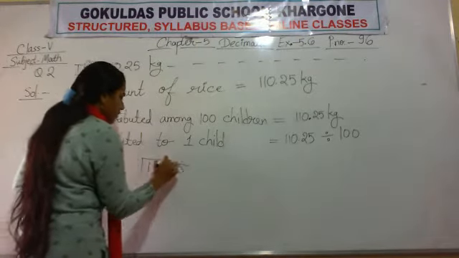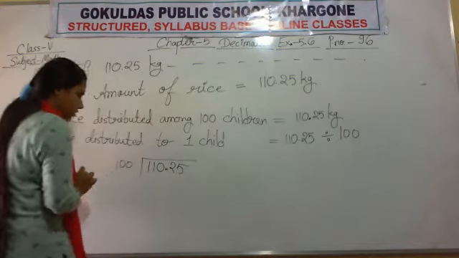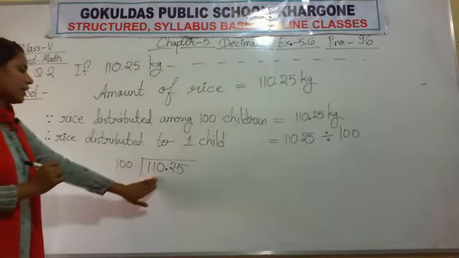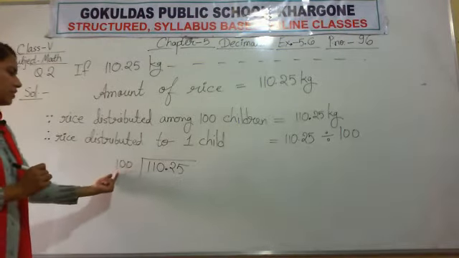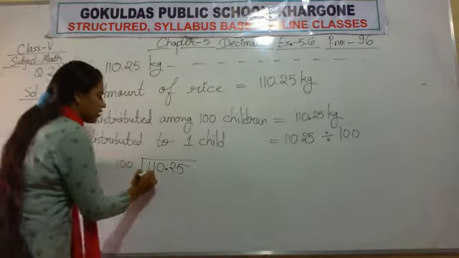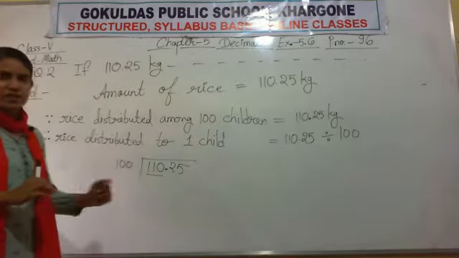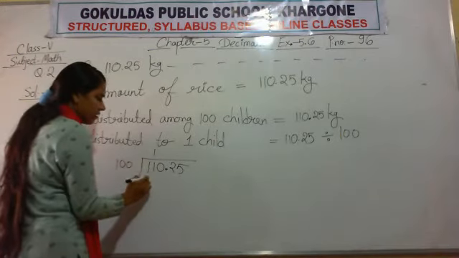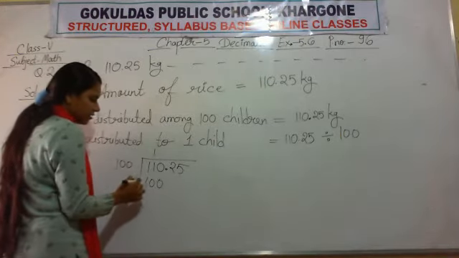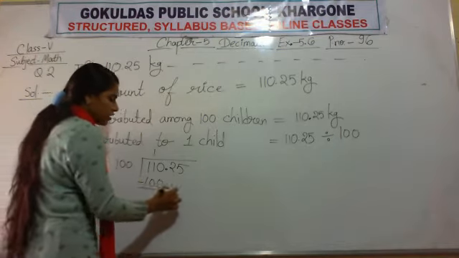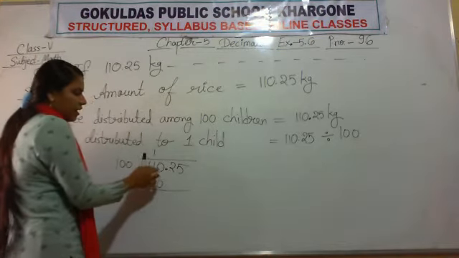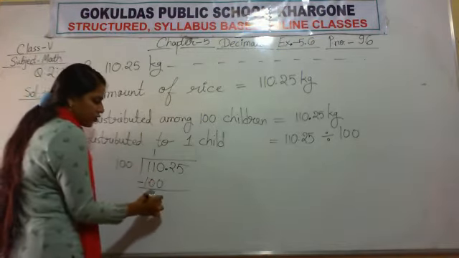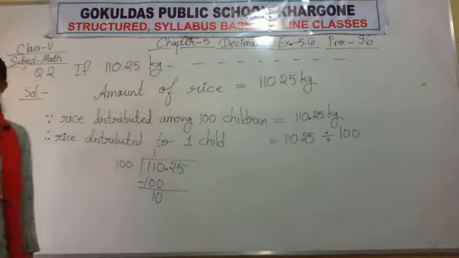110.25 divided by 100. Here the number of digits of the divisor is 3, so take the first 3 digits of your dividend. 100 ones are 100, right? Now put a minus sign to subtract it. 110 minus 100 gives you 10 as the result.